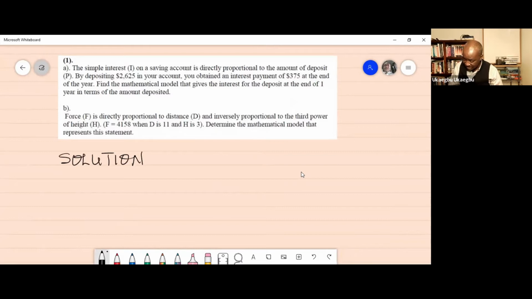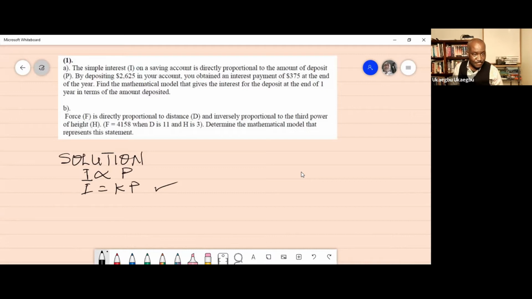The solution is that the simple interest I is directly proportional to the amount deposited P. That's where you start. And then you also have to remove the sign of proportionality by introducing the constant, which means I is equal to KP. So this is your number one formula.